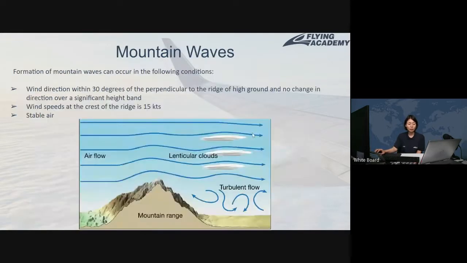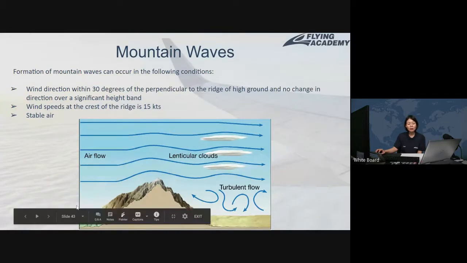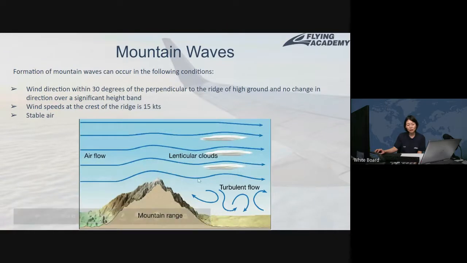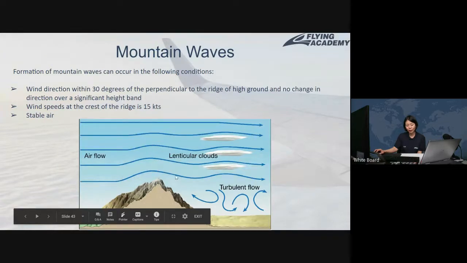Almost there. So the last one is mountain waves. It's part of turbulence and cloud as well. Once the wind comes to the mountain area, it comes with oscillation. It comes with a wave because of the geographical characteristics. So it has a wave like this on the lee side.